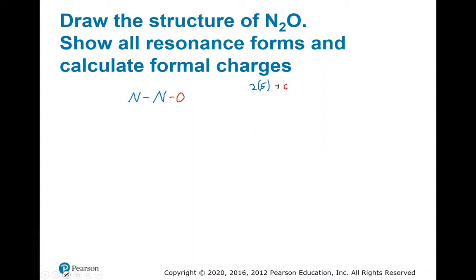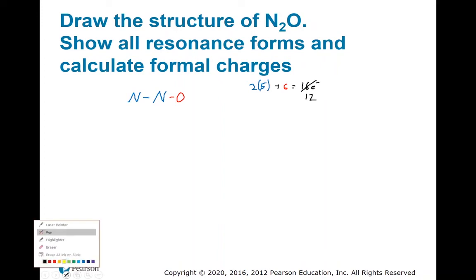So 2 times 5 is 10, and 10 plus 6 is 16 electrons. I already did step 2 for you. I showed you what the skeletal structure should be here. Notice that we have 2 bonds in this structure, so we used up 4 of our 16 electrons, meaning we have 12 remaining after we put the skeleton together.